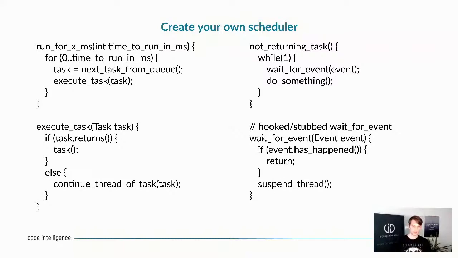But so this wait for event would suspend a task until it is continued by your scheduler when it's this task's turn again to execute. So this way, you can have a scheduler that will make sure that only one task is running at a time. So you have your deterministic execution, but you still are able to execute tasks that are not returning.